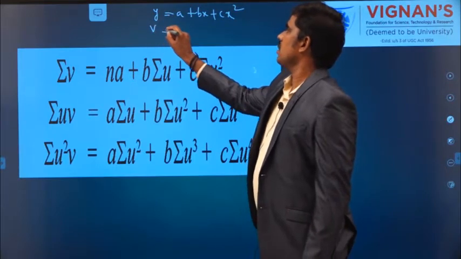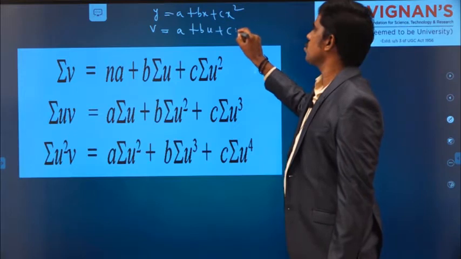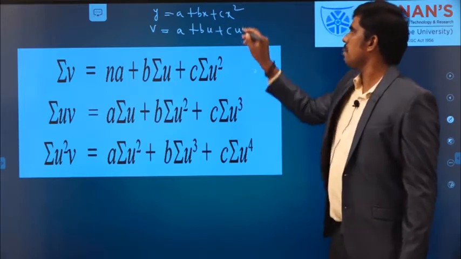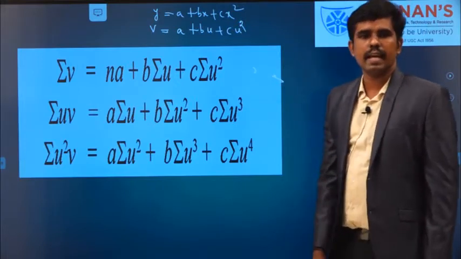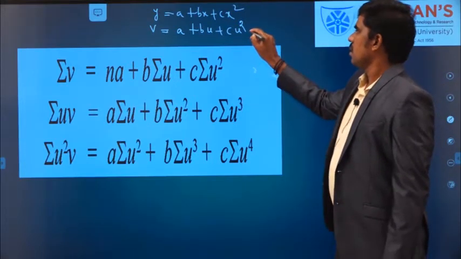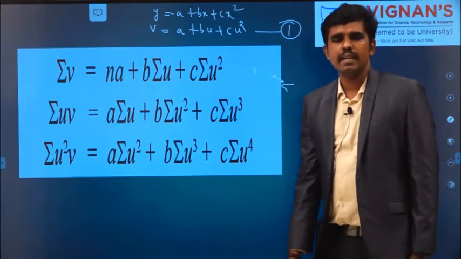So v is equal to a plus bu plus cu square. This is the parabola that I am going to fit. This is my required parabola.